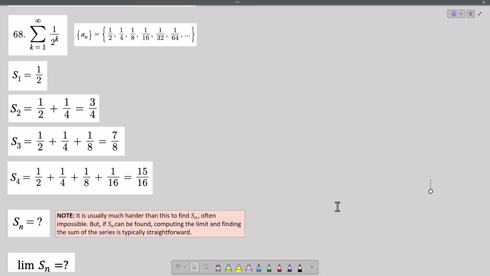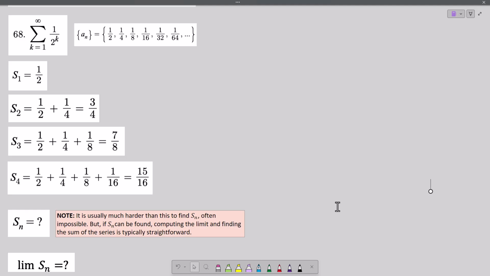So infinite series, though, the way we analyze infinite series is that we look at this sequence of partial sums. That is our avenue in. We always look at the sequence of partial sums when we're analyzing a series. Now, most of the time, finding a formula for S sub n is very hard.